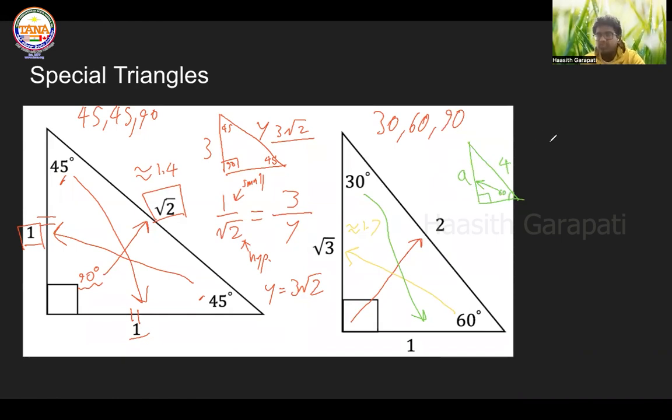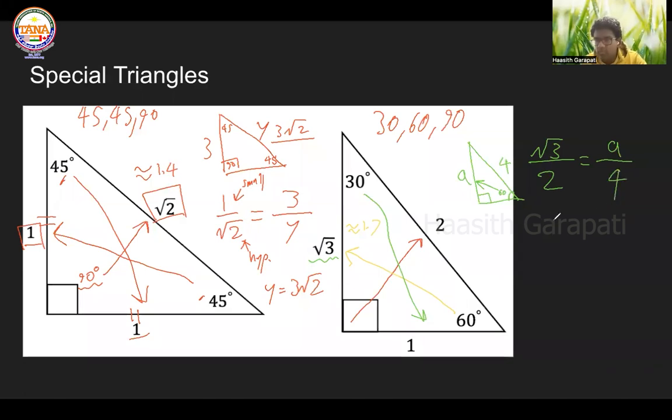Then we can set up a proportion where we know that the second largest side length, which corresponds to a 60-degree angle, has a proportional value of √3. So √3 over 2, because the hypotenuse has a proportional value of 2, is equal to a over 4.